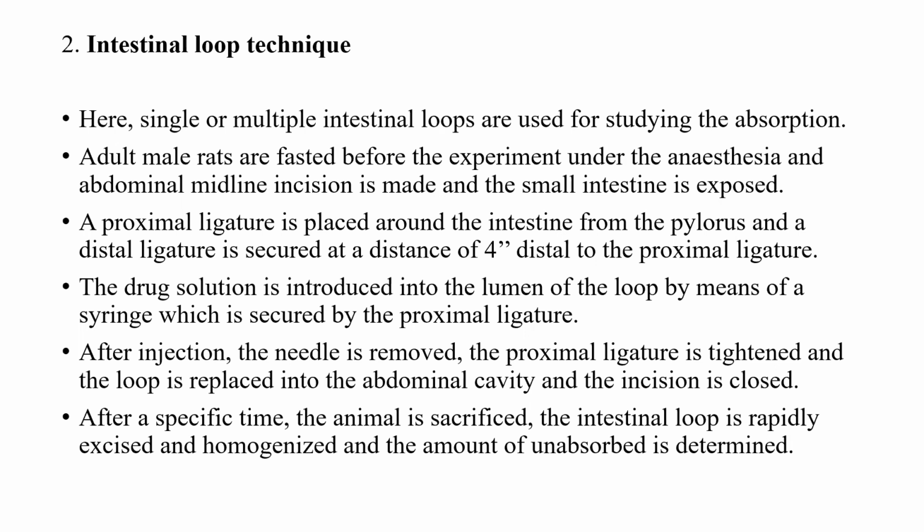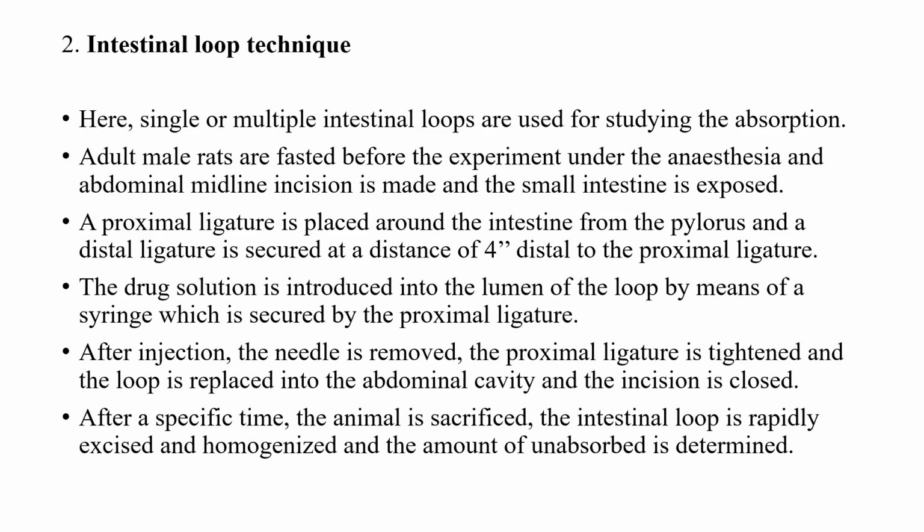Here, single or multiple intestinal loops are used for the study of absorption. Here also the male rats are fasted before the experiment, and under anesthesia, an abdominal midline incision is made, and the small intestine is exposed.